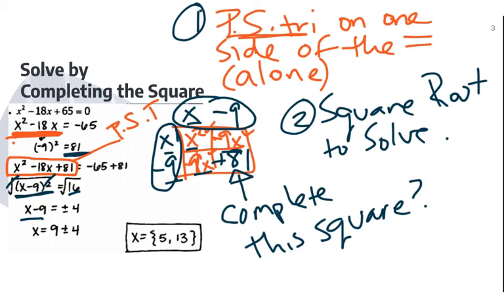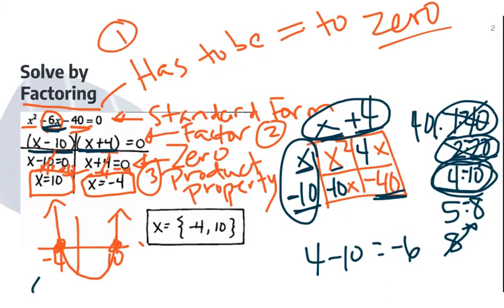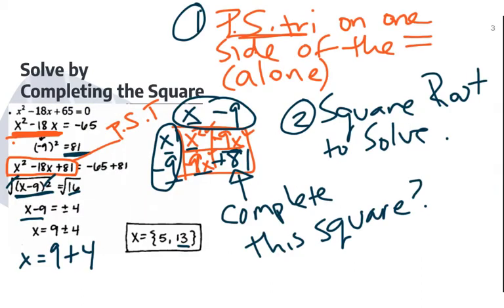So 9 plus 4 is 13. And, oops, that always happens when I get close to the edge. 9 minus 4, remember it's both a plus and a minus 4. 9 minus 4 is 5.